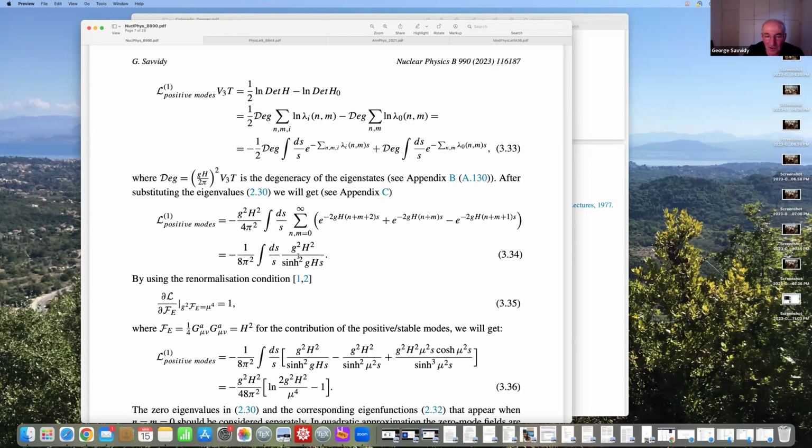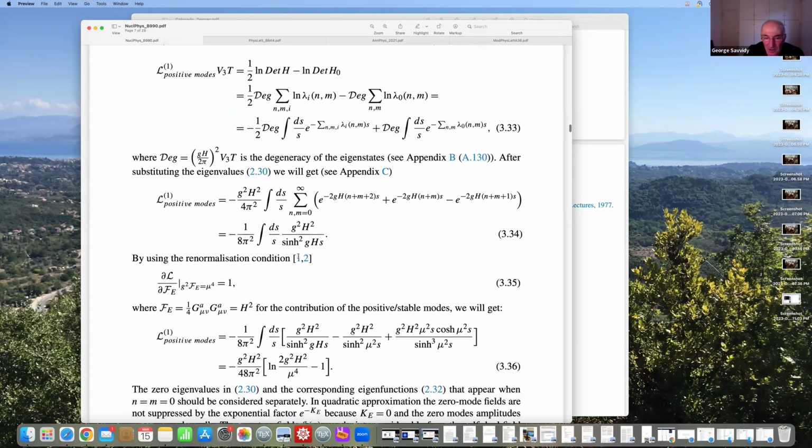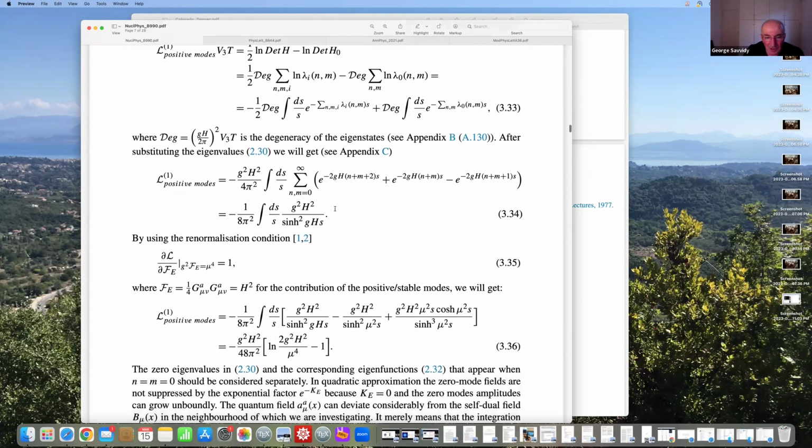Everything is okay, there is no problem. But when it is a zero mode, the quadratic part is just one, so there is no damping. You have to do something more than the quadratic.